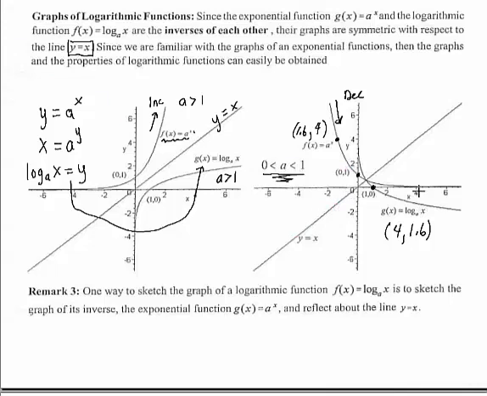If we check that, then we go to x equal 4 and we go down and we get this point. And if we track our way over to the y-axis, we get once again a y value of approximately 1.6. So for the coordinates on inverse functions, you just swap the x and y coordinates, and then you can graph the inverse.